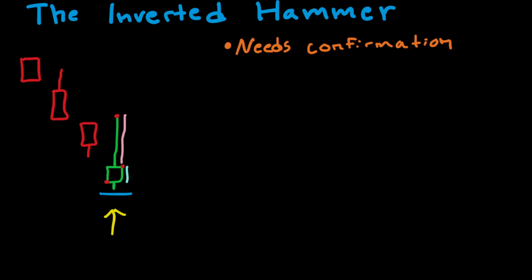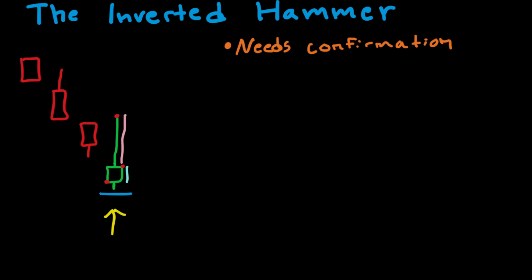But the reason that it is a possible bullish reversal pattern is that the bulls clearly tried to push the price up, and this might make the bears think one time extra and give some hesitation to the bears. But this candle is not as bullish as, for example, the hammer. So that is the reason that we need confirmation.